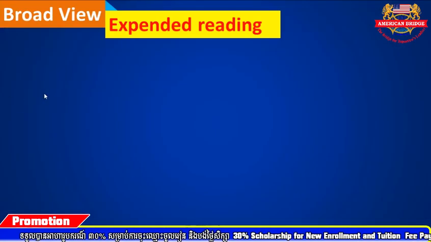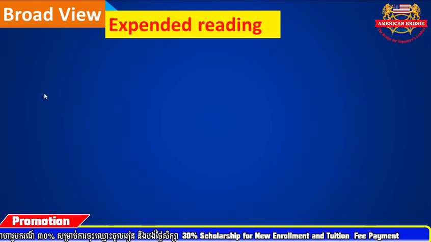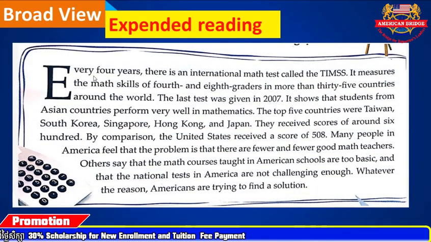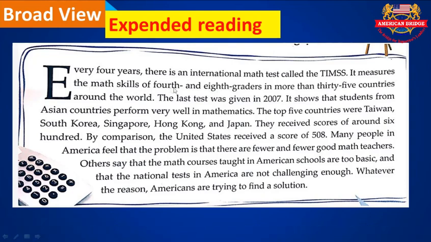Now we go to our lesson today on page 30, the broad view part 2, expanded reading. You will see on the slide that every 4 years there is an international math test called TIMSS. It measures the math skills of 4th and 8th graders in more than 35 countries around the world. The last test was given in 2007.